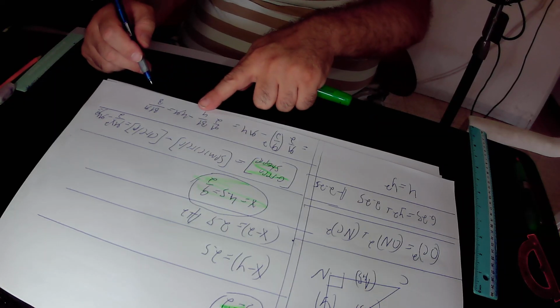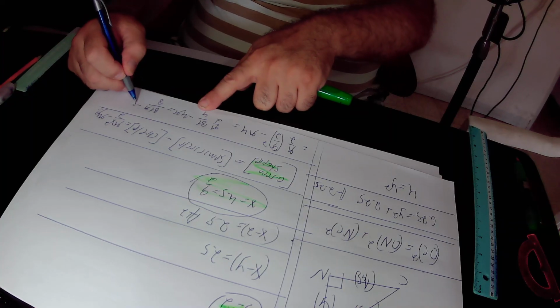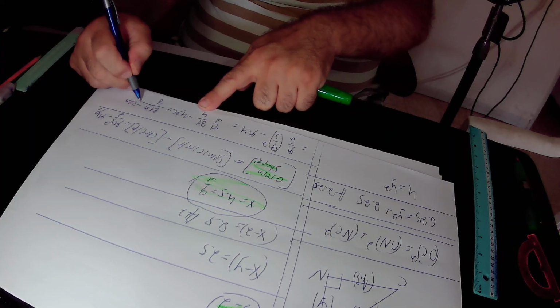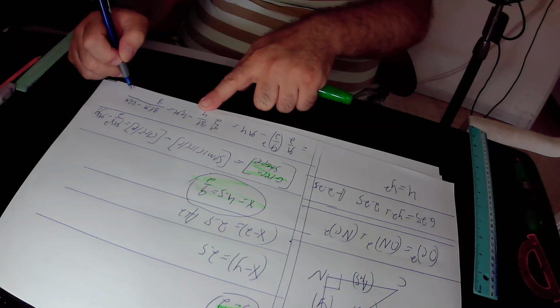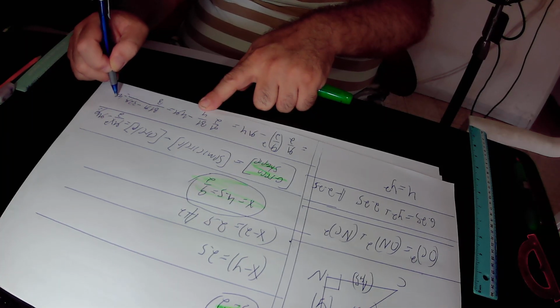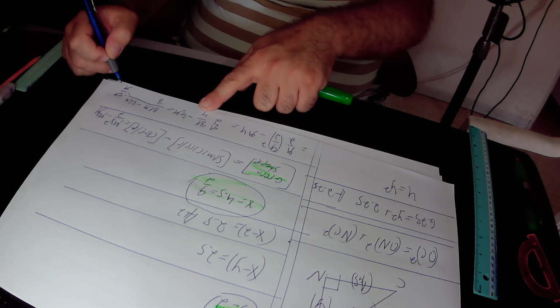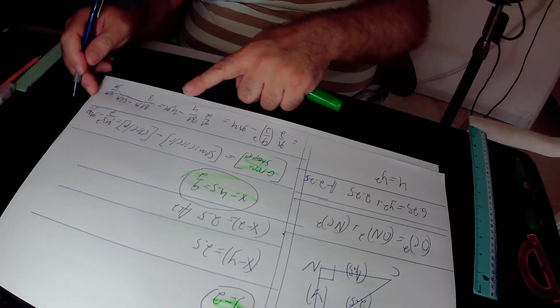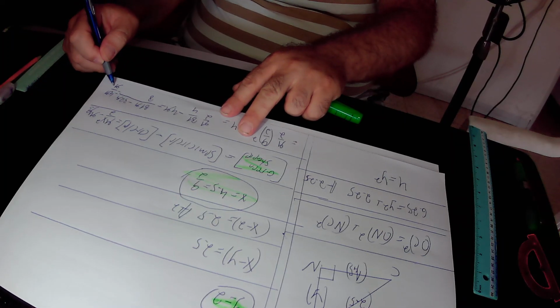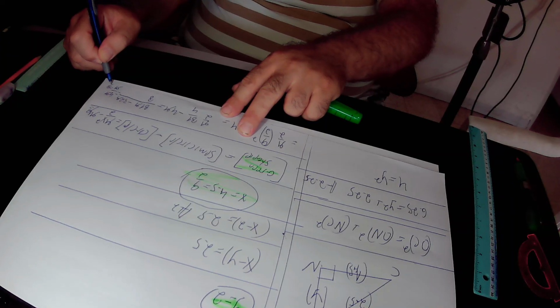So minus 4 pi times 8 is minus 32 pi, divided by 8. 81 pi minus 32 pi is 49 pi over 8. 49 pi over 8 is 19.24.